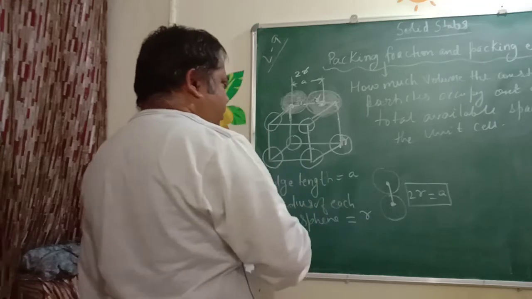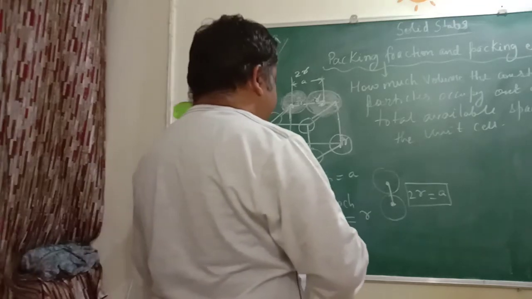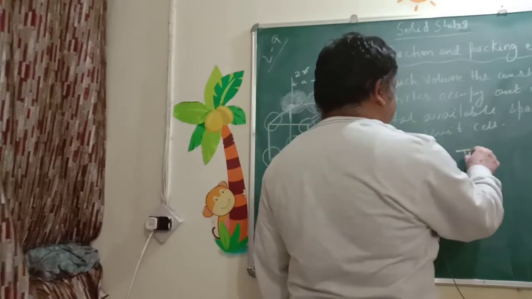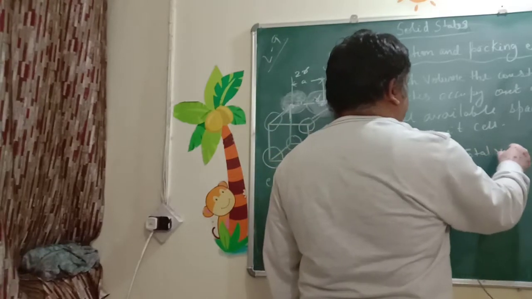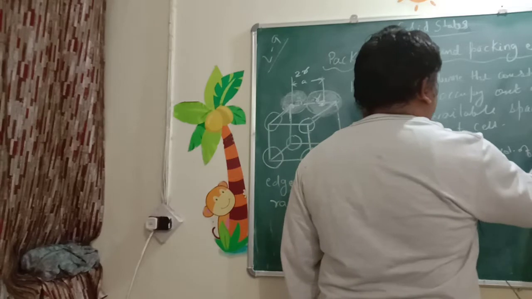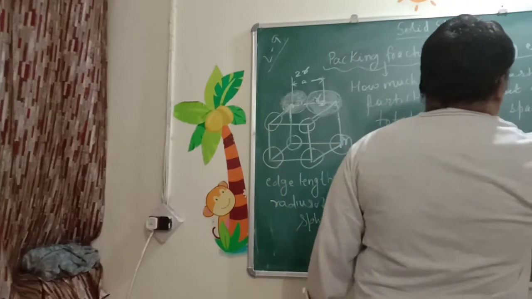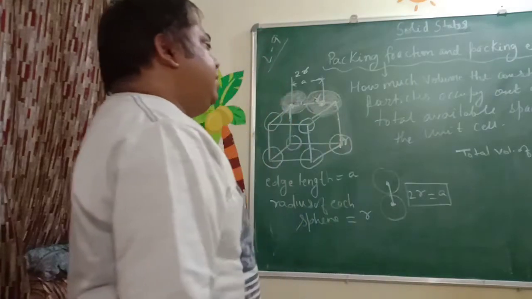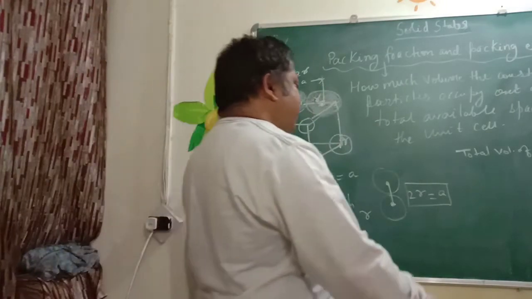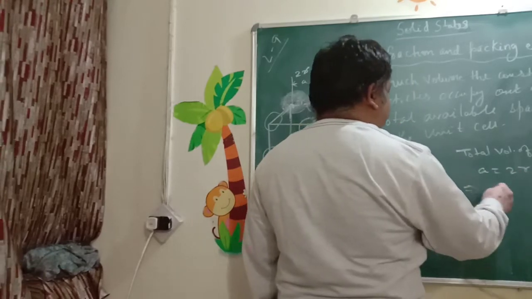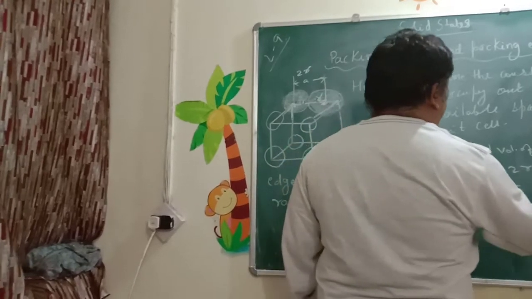So if we have to find the total volume of the cube, it will be equal to a cube. But what is the relation of a with r? We know that a is equal to 2r. This implies a cube will be equal to 2r whole cube.